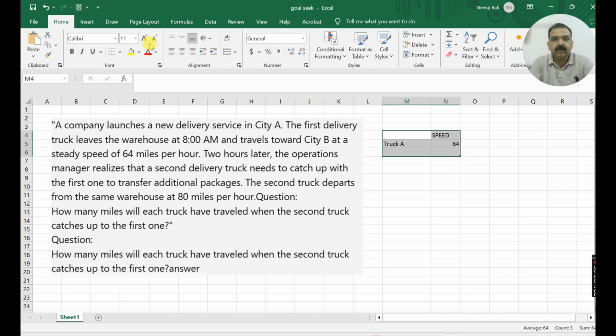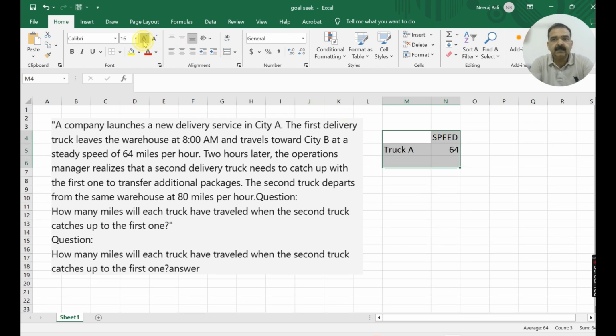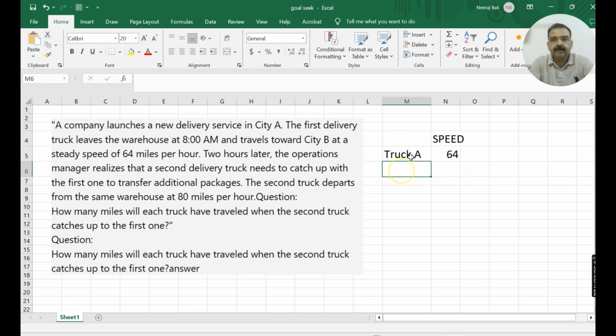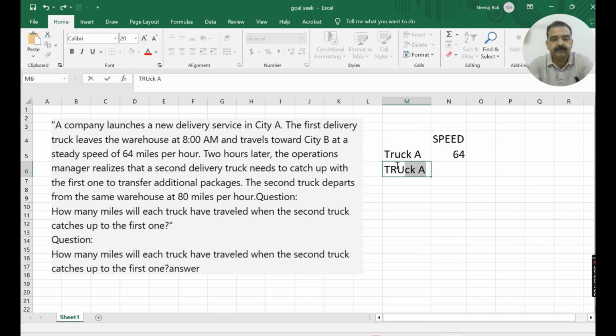We can increase the size. And truck B, what is the speed of truck B? 80 miles per hour. So let us do this, 80 miles per hour.